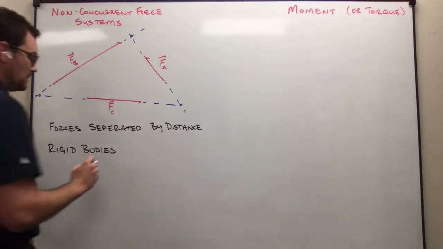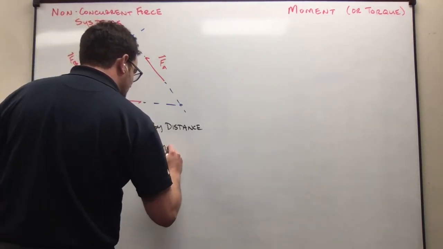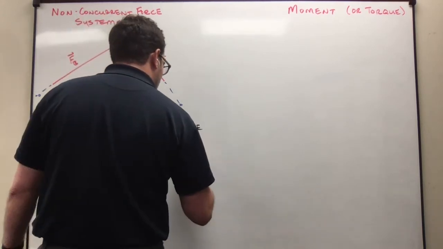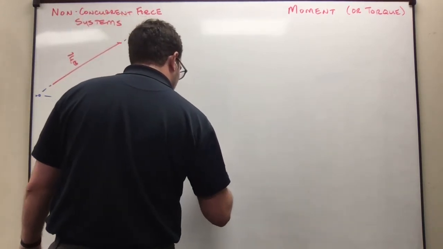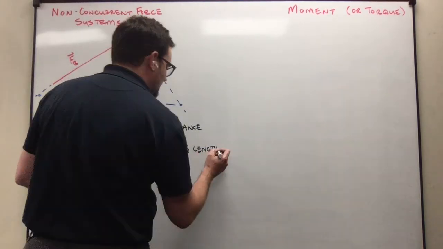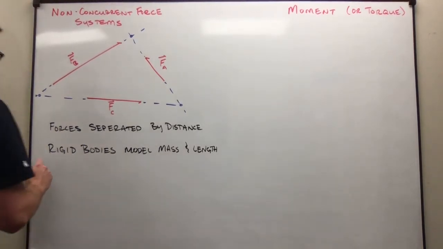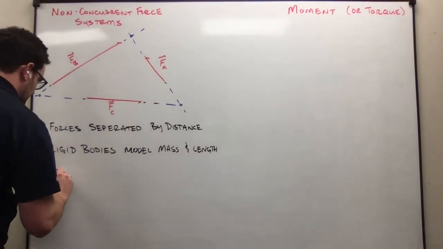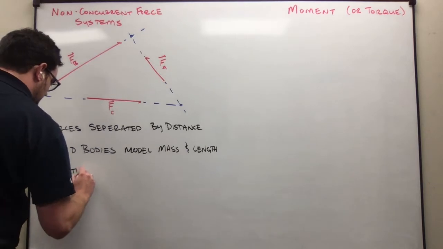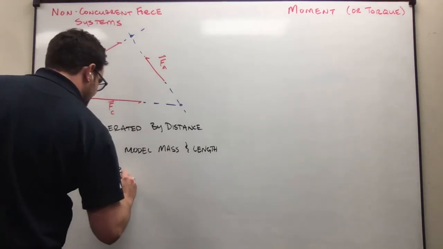With rigid bodies, we're going to model both mass and length, hence that distance piece tying in to the length there. And what this gives us is a potential for rotation.